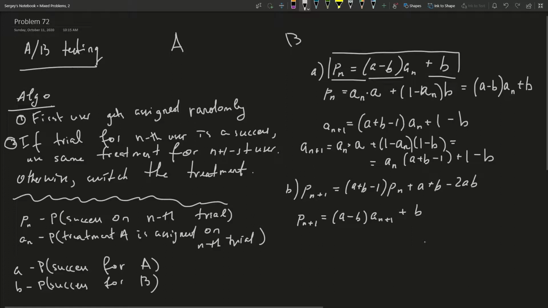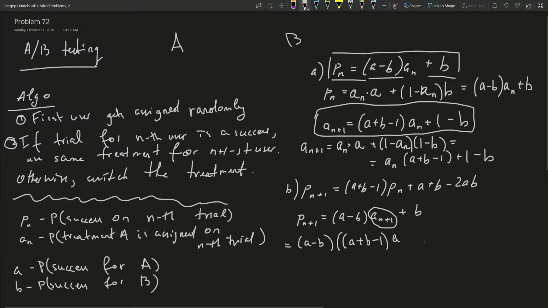So we have already an expression for a sub n plus 1 that we showed, which is this expression here. So we can now substitute that expression into the a sub n plus 1 here, and what we get is a minus b times, now we substitute that expression in there, a plus b minus 1 times a sub n plus 1 minus b, plus b.